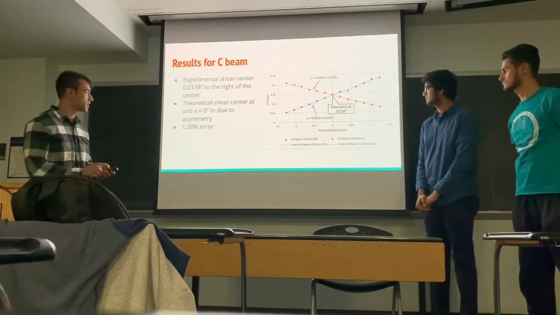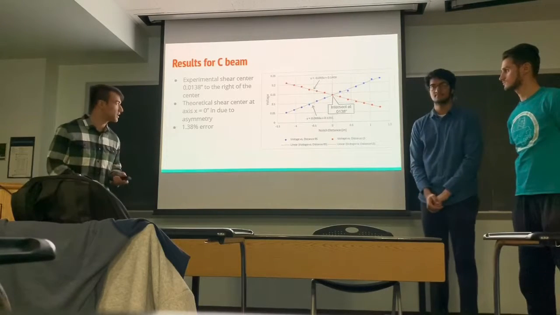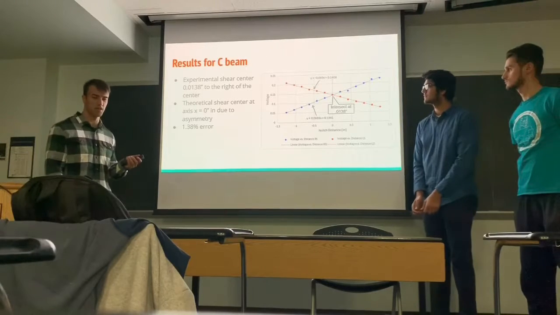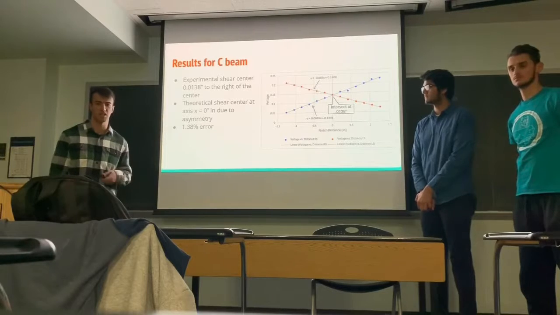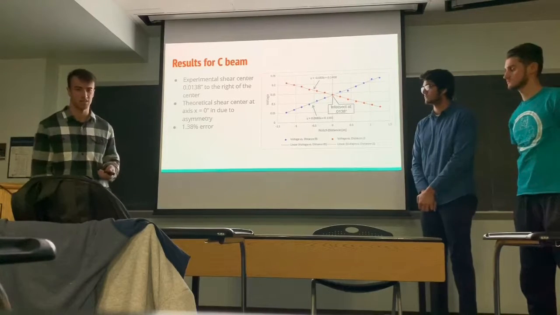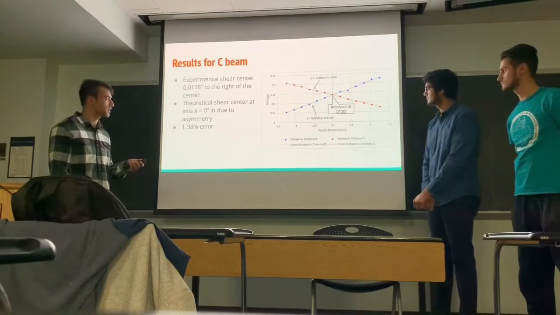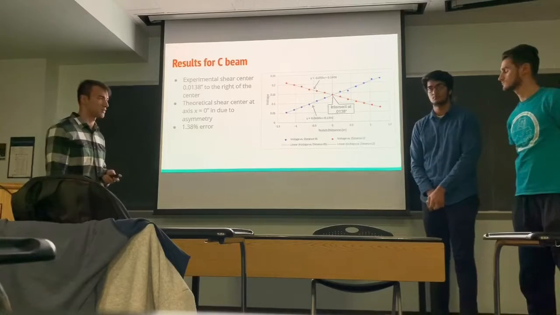This was a little off from our theoretical prediction in the beginning. We predicted that the shear center would be at 0, given that the beam was symmetric and the shear center must lie on the symmetric axis, as theory would tell us. And looking at our value, we have 1.38% error.